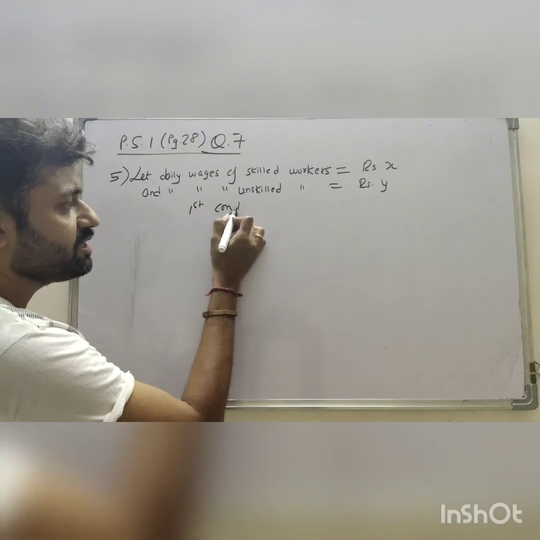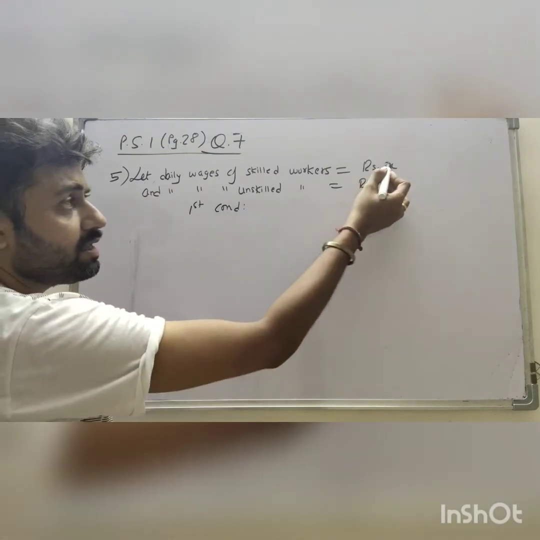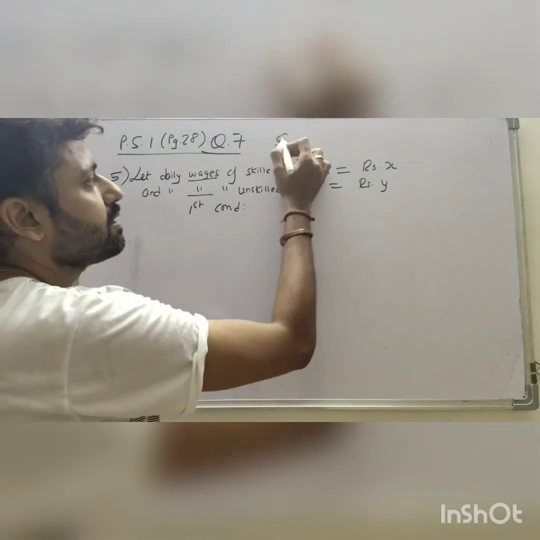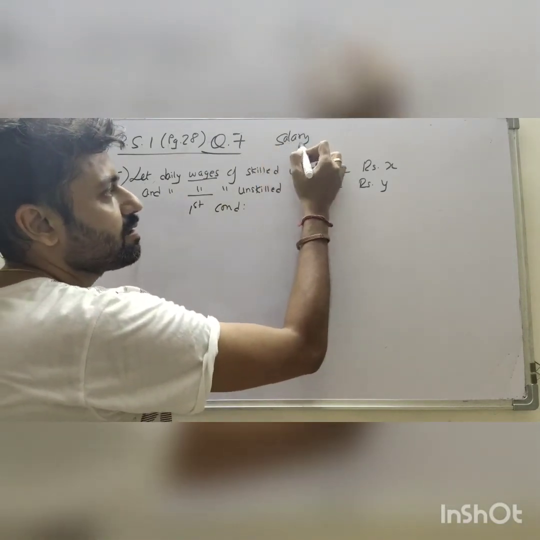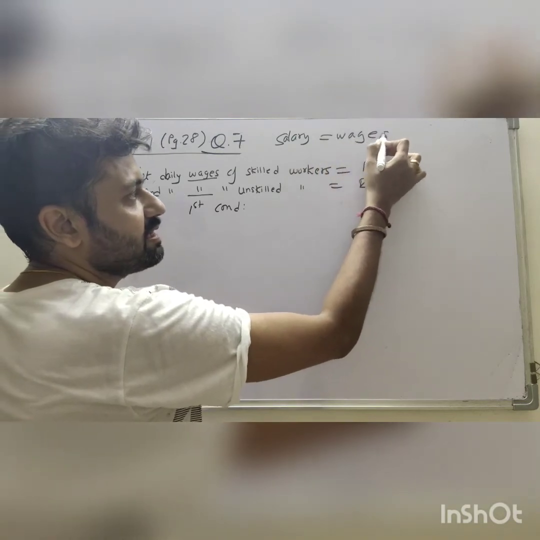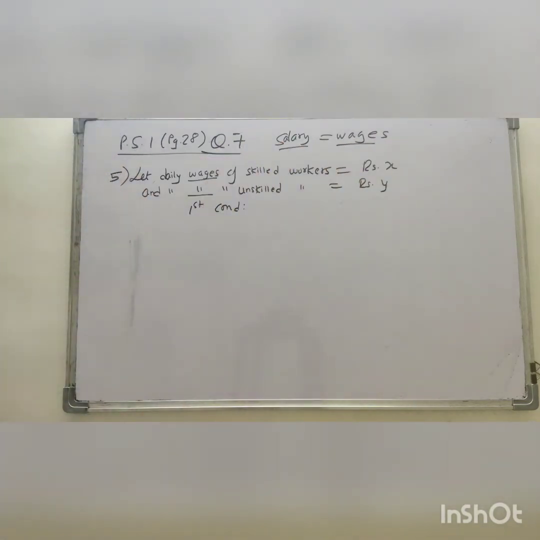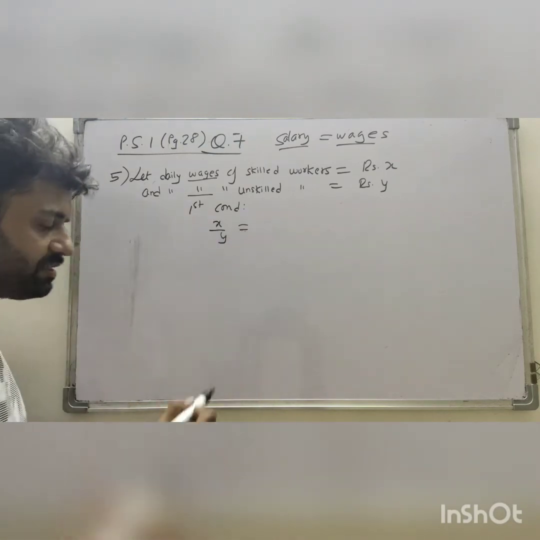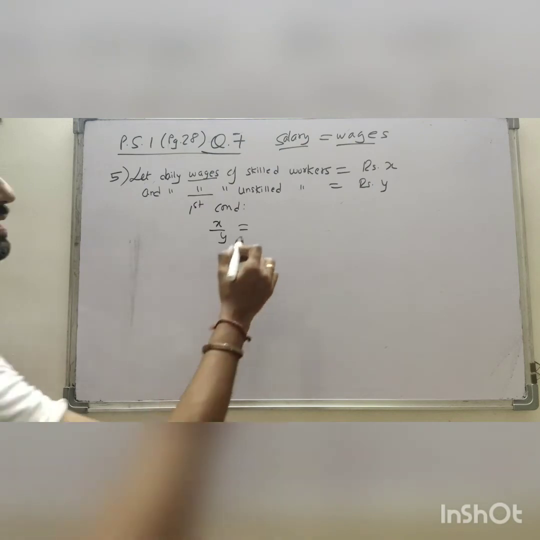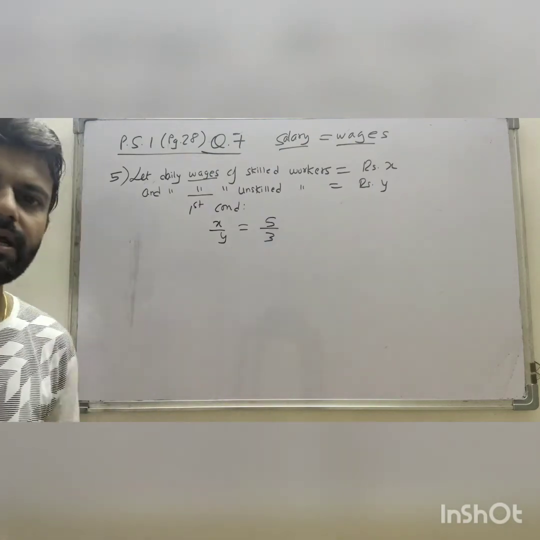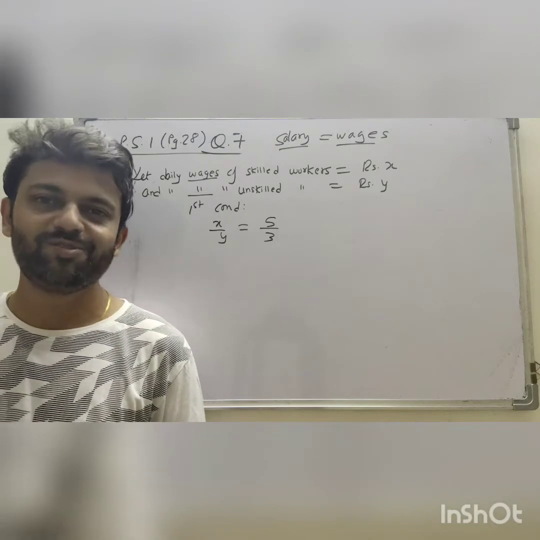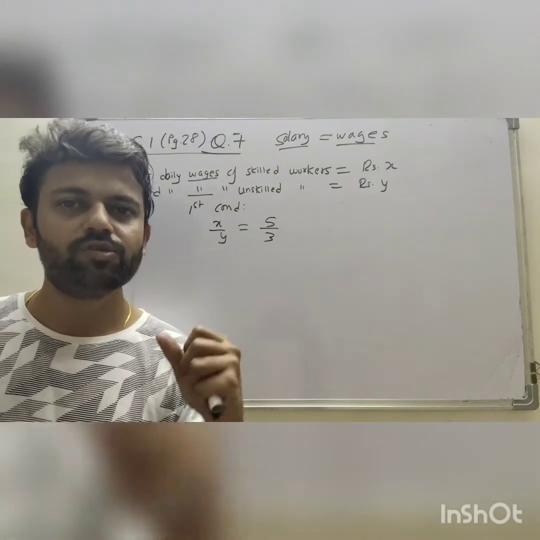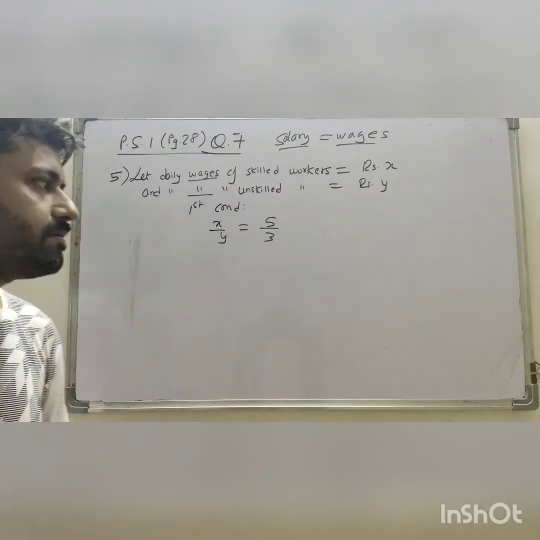According to the first condition, salary and wages mean the same in this sum. The ratio is 5:3. Skilled's ratio is 5, unskilled's ratio is 3. It's simple, skilled workers always get more pay, that's why the weight of their ratio will be higher.